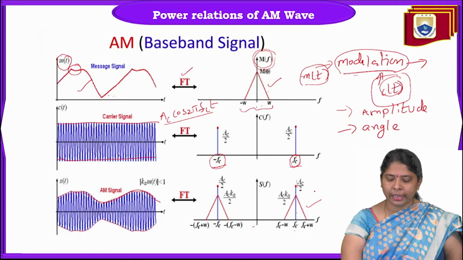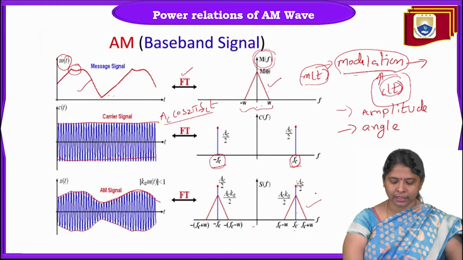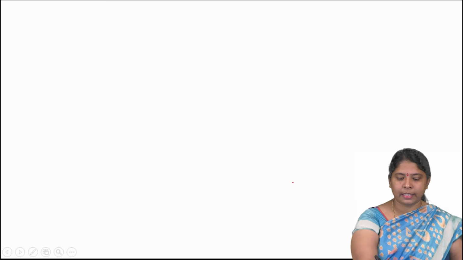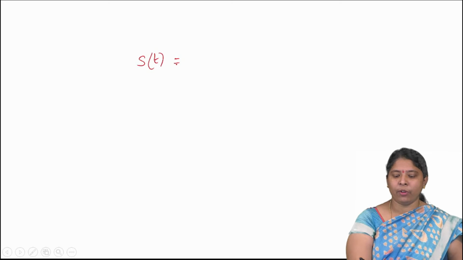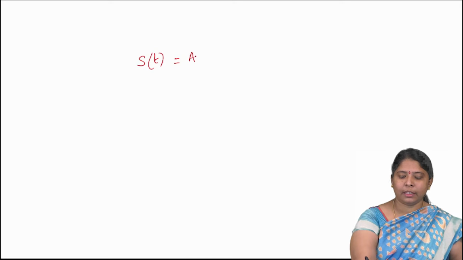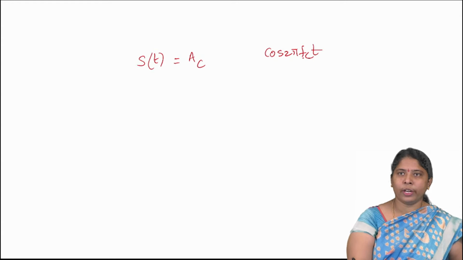We can write the amplitude modulation equation in time domain. s(t) is the equation of the AM wave. It is Ac cos 2 pi fc t, whose frequency is not going to change, but the carrier amplitude varies with respect to the message signal.